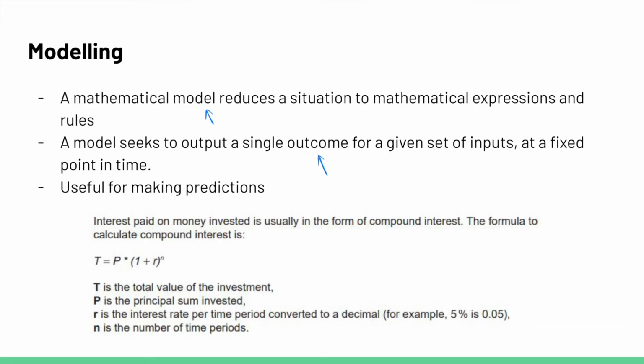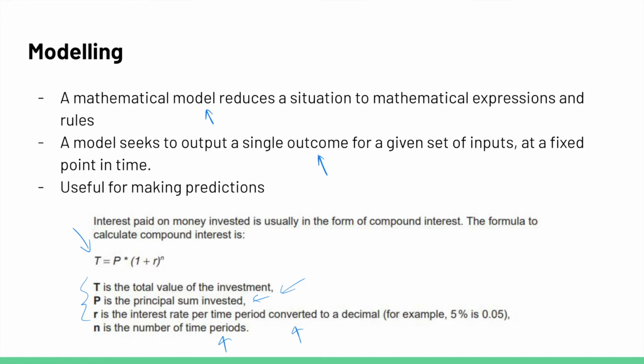So right here we have an example of a typical mathematical model. This mathematical model allows us to calculate the compound interest at a particular point in time. T is the total value, P is the sum invested, R is the interest rate for a time period, and N is the number of time periods.